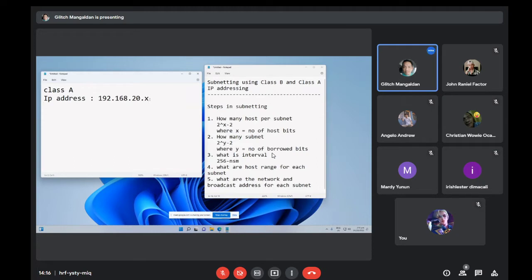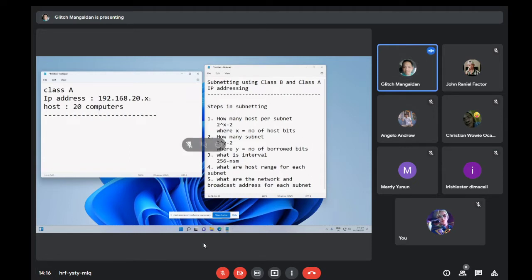Now, our given is you need to have a host of at least 20 computers. Ito yung given natin.